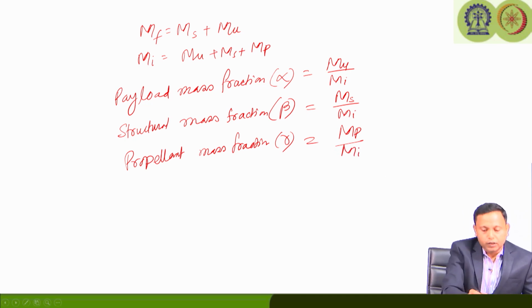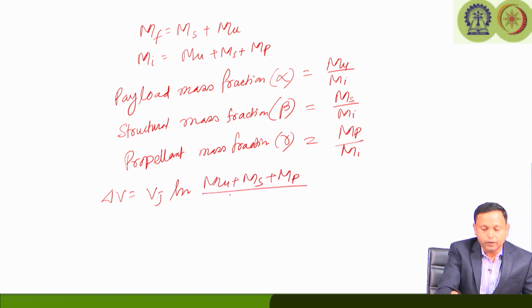Now, we can modify the ideal velocity increment equation again and include these masses. It will be Vj ln of mu plus ms plus mp by mu plus ms, or we can modify it a bit by putting these parameters there.